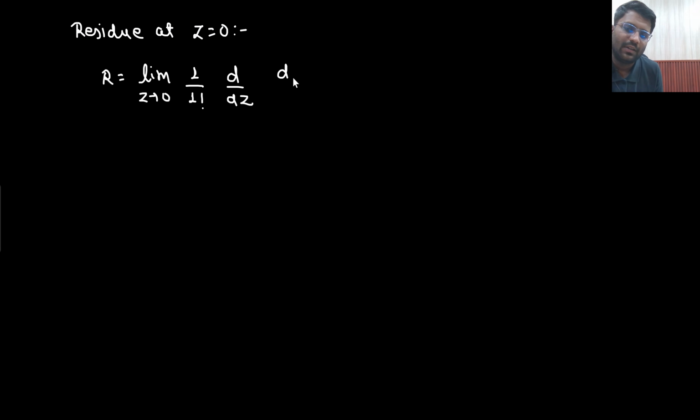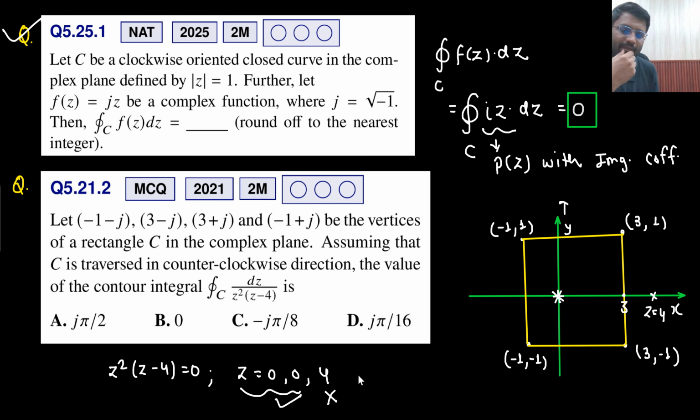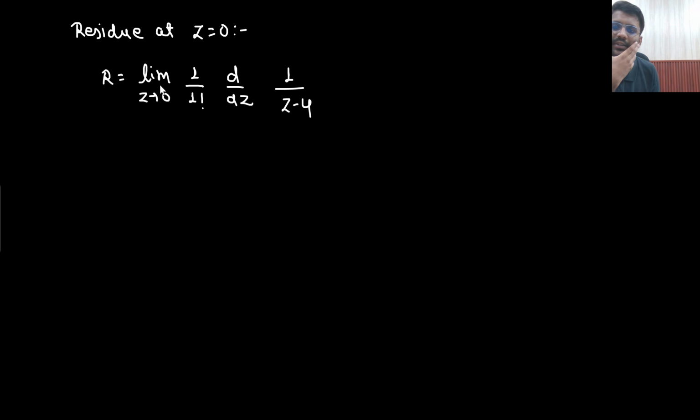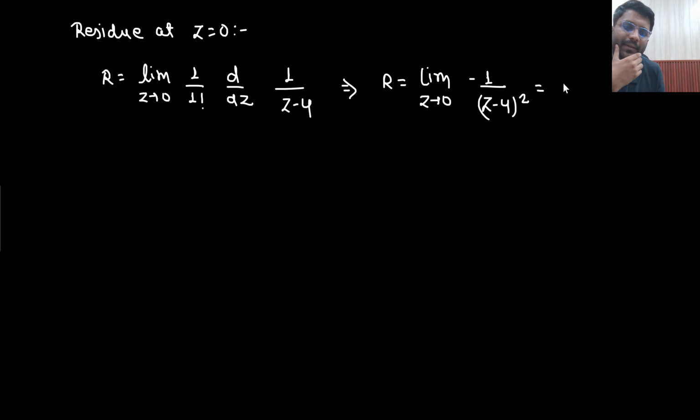So what am I left with? 1 upon z minus 4. So just differentiate it and then put the limit. Limit z tending to 0 of minus 1 by (z minus 4) whole square. So minus 1 by 16. So that's the residue that we are getting.